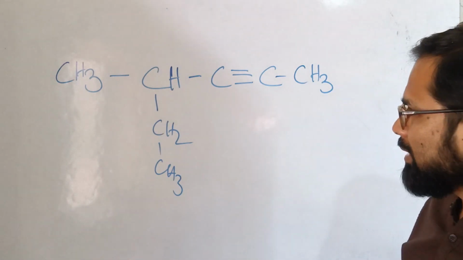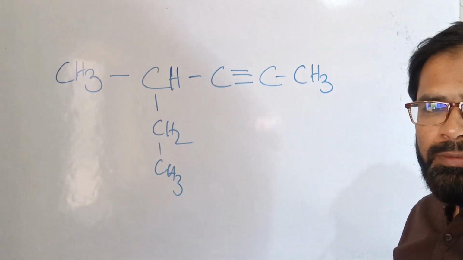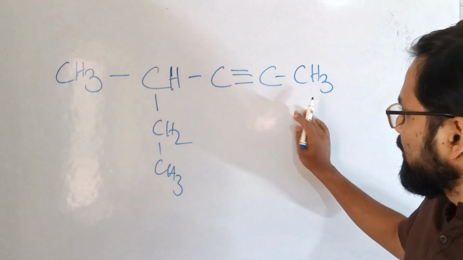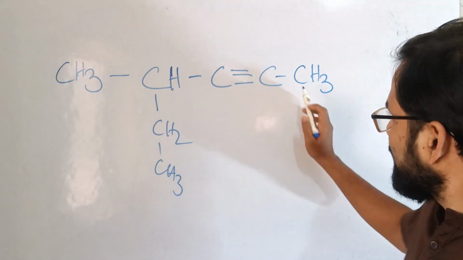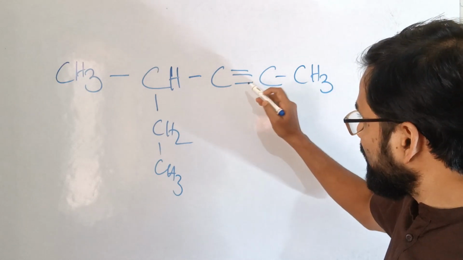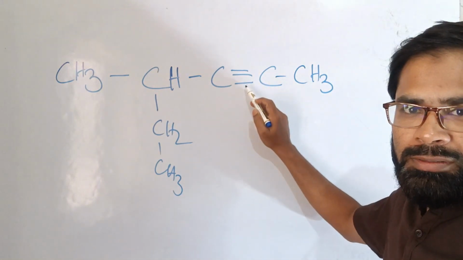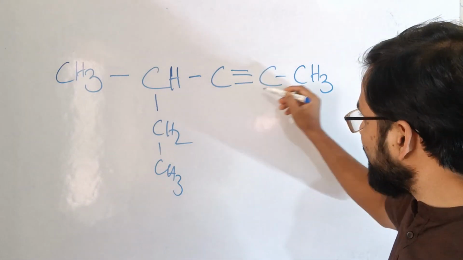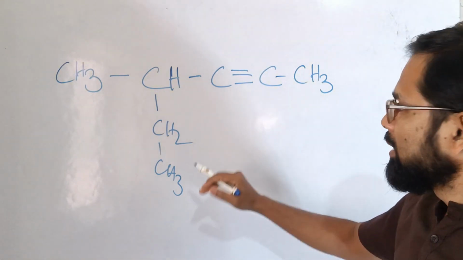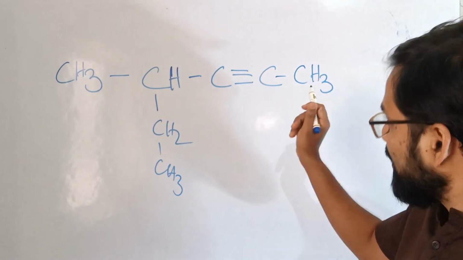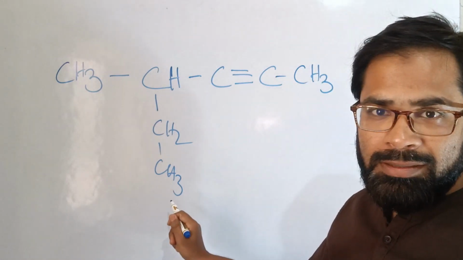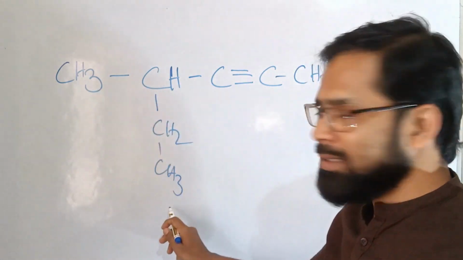First thing, we have to identify the longest chain. For the longest chain, you must always include the triple bond. Without the triple bond, you can't consider the longest chain. So here the longest chain will be in this direction or that direction. You can't consider this direction.